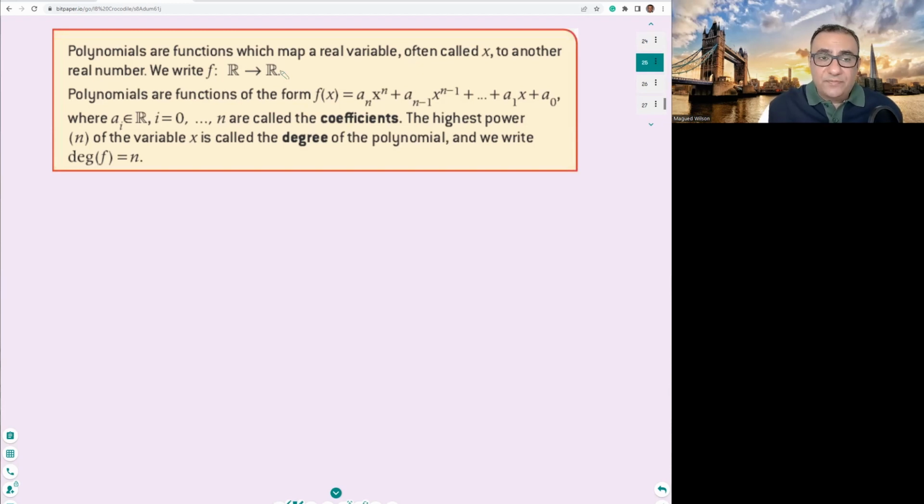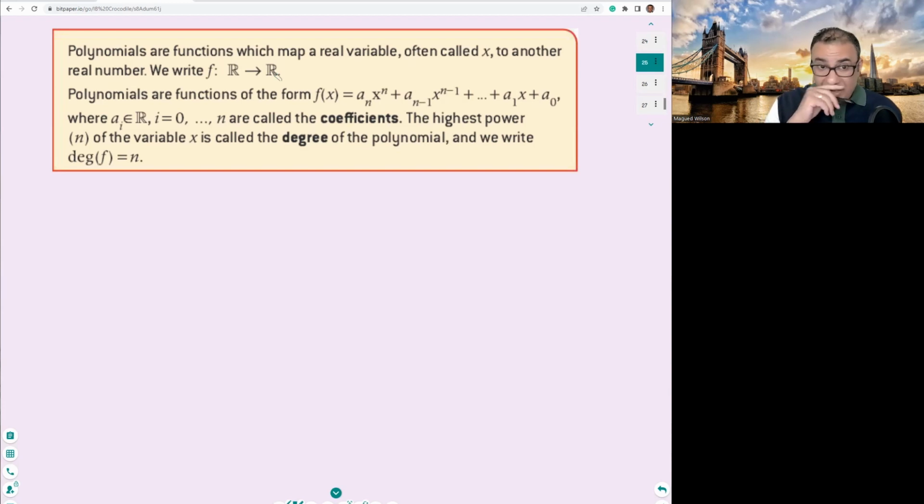It's the definition. R here is the domain, the possible values, so we deal with real numbers. Now the second R, the second set of real numbers, is the codomain, which means we also deal with real numbers. That's it. So this is the domain, this is the codomain. But the actual domain and actual range depend on the function itself.